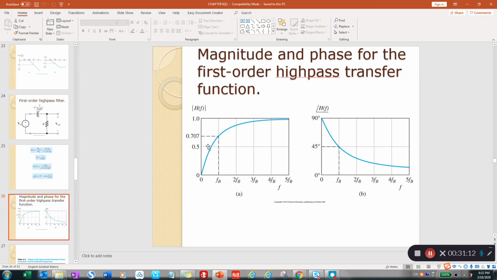For the lower frequency, as the frequency decreases, the magnitude will decrease. And when the frequency equals the break frequency, the magnitude equals 0.707. And the phase angle is quite similar to the low-pass filter, but it is higher by 90 degrees.